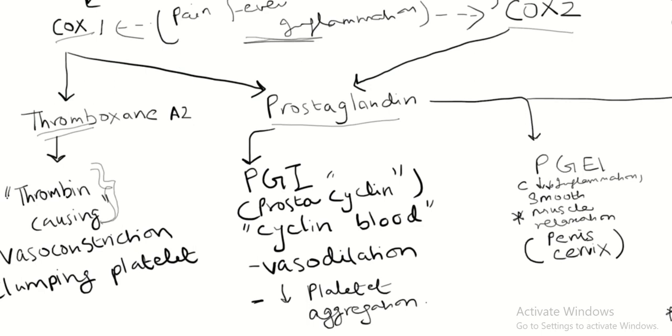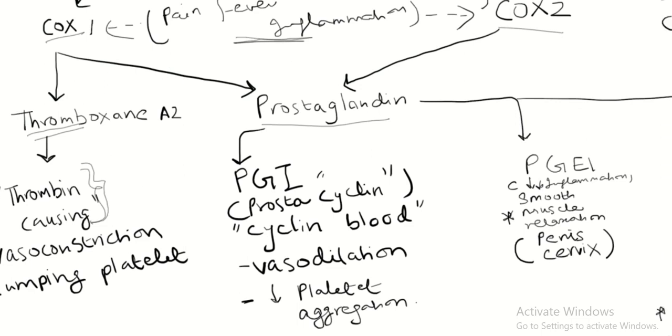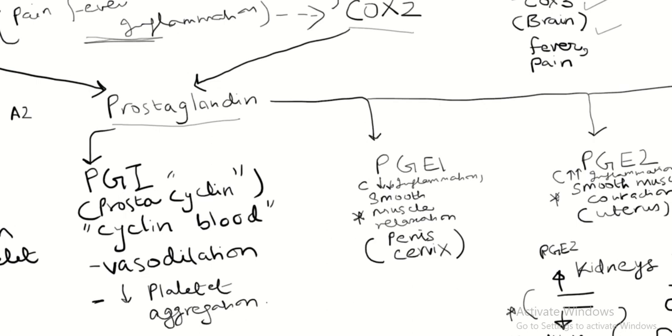But we need to know COX-1 impacts both the thromboxane and the prostaglandin pathway, and COX-2 just impacts the prostaglandin pathway.